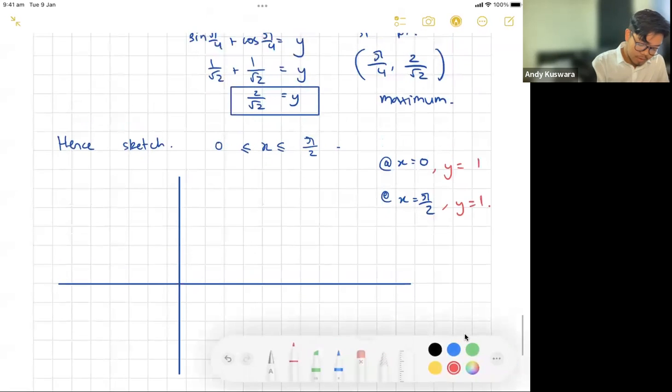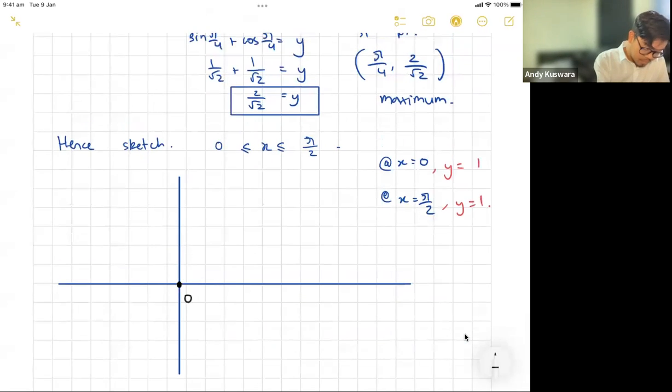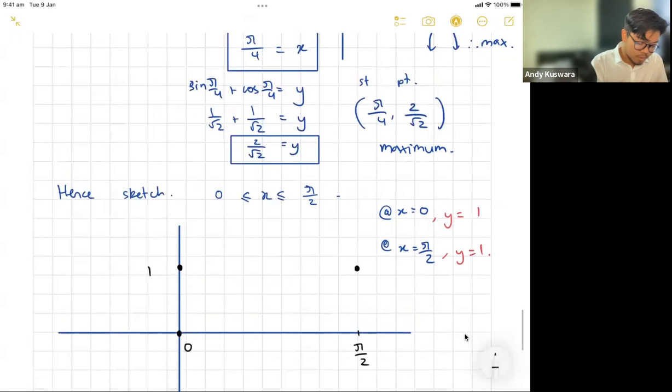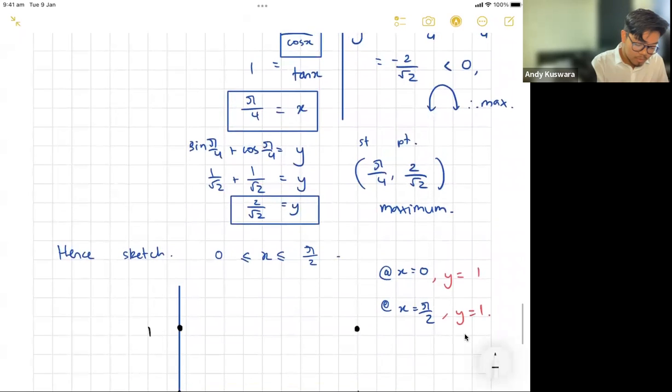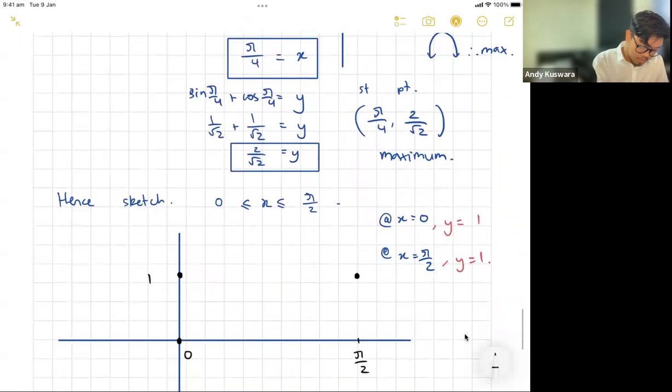Okay, so we've got 0 and we've got pi on 2. We know we're going to start at 1 and we also know we're going to end at 1. We also know that we've got a max stationary point at pi on 4, which is right in between.